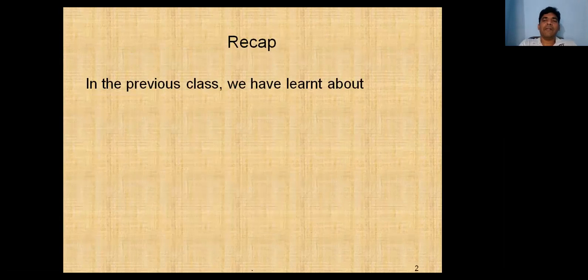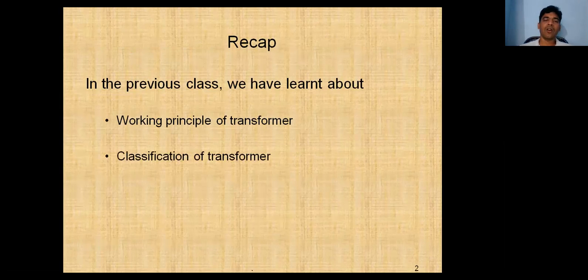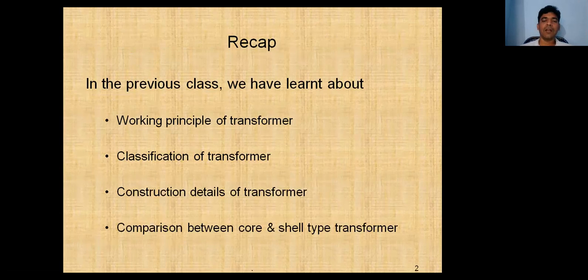In the previous class, we have learned about the working principle of transformer, classification of transformer, construction details of a transformer, and comparison between core and shell type transformer.